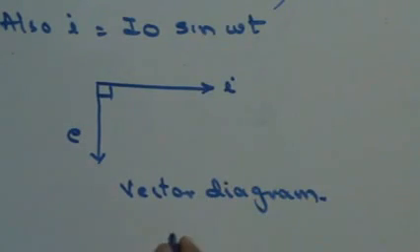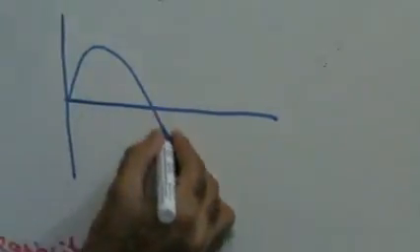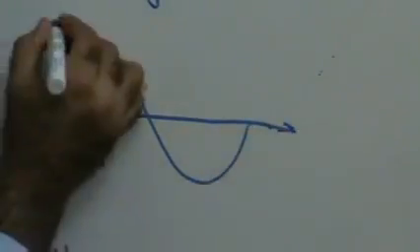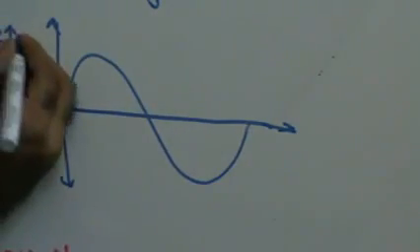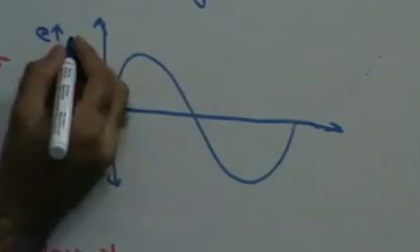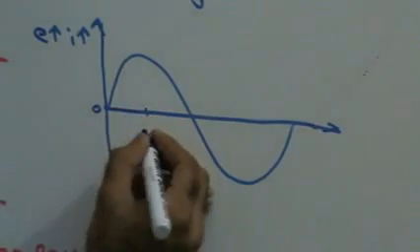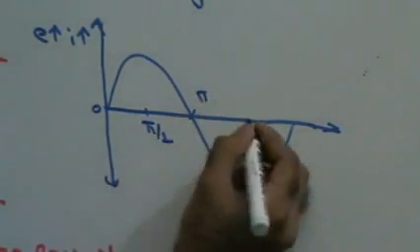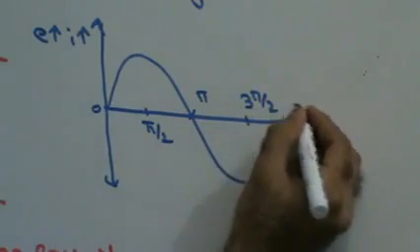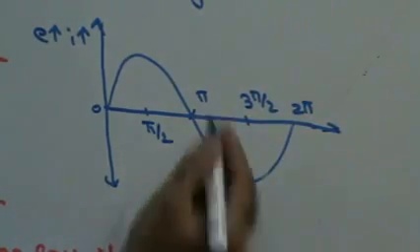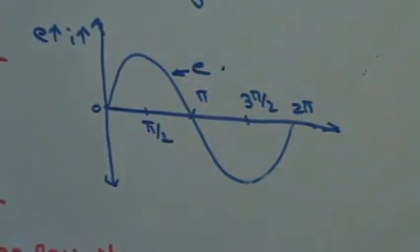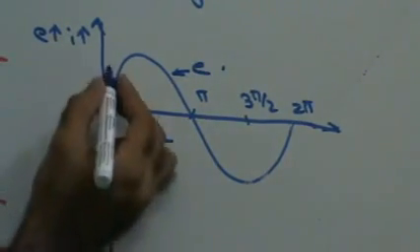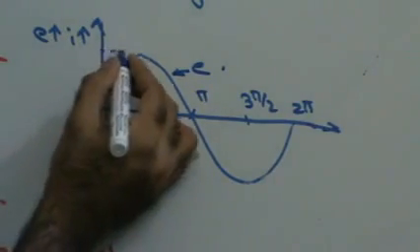And if I want to show you in terms of wave, I'm considering EMF and current both here. This is 0, pi by 2, pi, 3 pi by 2 and 2 pi. Let's assume that this is my EMF. If this is my EMF, that means the current has to lead by 90 degrees.